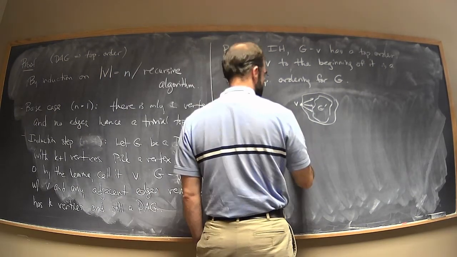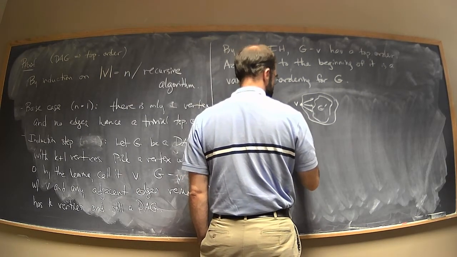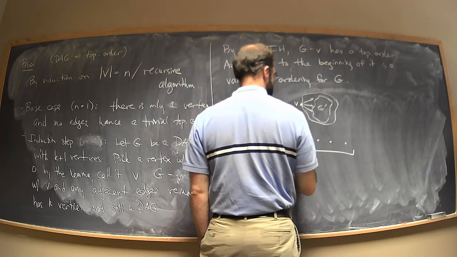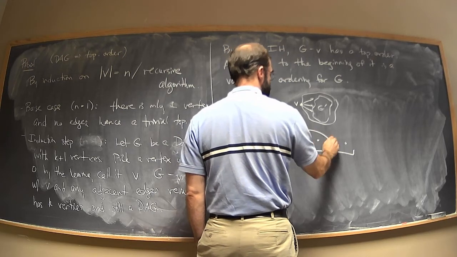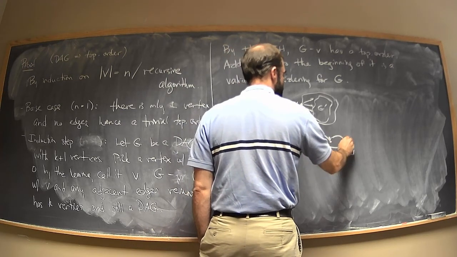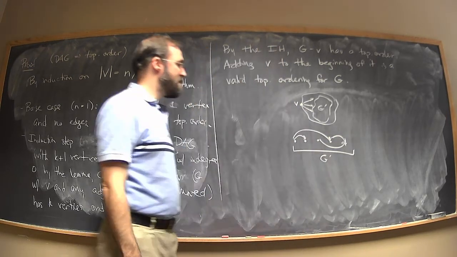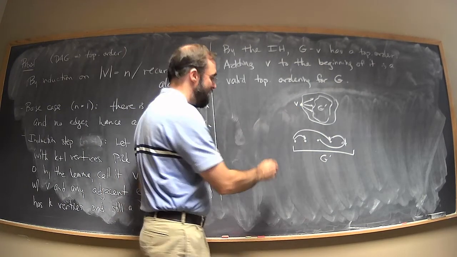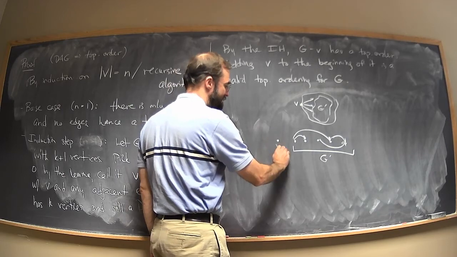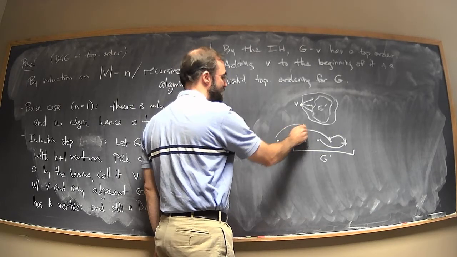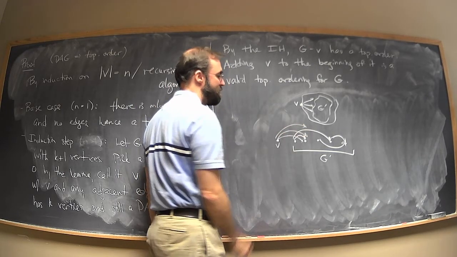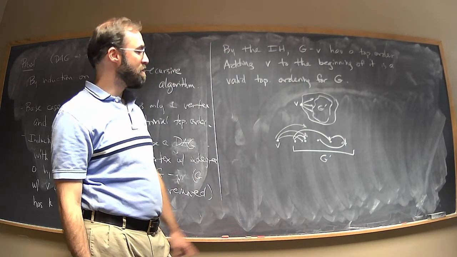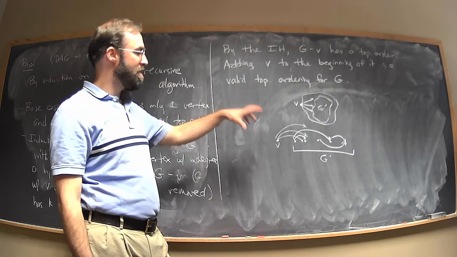If I make a topological ordering for G prime, here's my topological ordering for G prime. Since V has only outgoing edges, I can stick V on the front here, and then it's got its edges that go in there, and that's fine. It just extends it into a topological ordering that's one bigger, and still all the edges only go to the right.